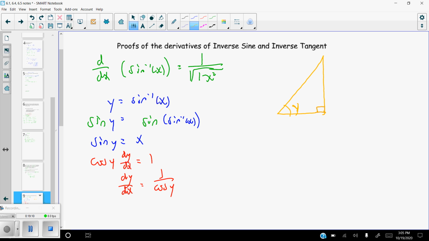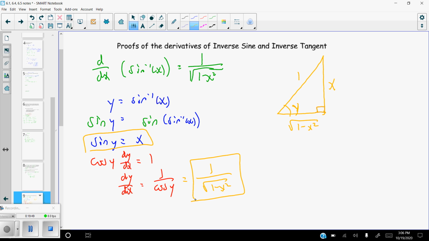Sine is the opposite over the hypotenuse, which is x over 1. We can find the missing side using the Pythagorean theorem, and what you get is the square root of 1 minus x squared. So then you should be able to see that the cosine of y is the adjacent over the hypotenuse, which is the square root of 1 minus x squared over 1, or just the square root of 1 minus x squared. And that's what we were looking for when we took the derivative.